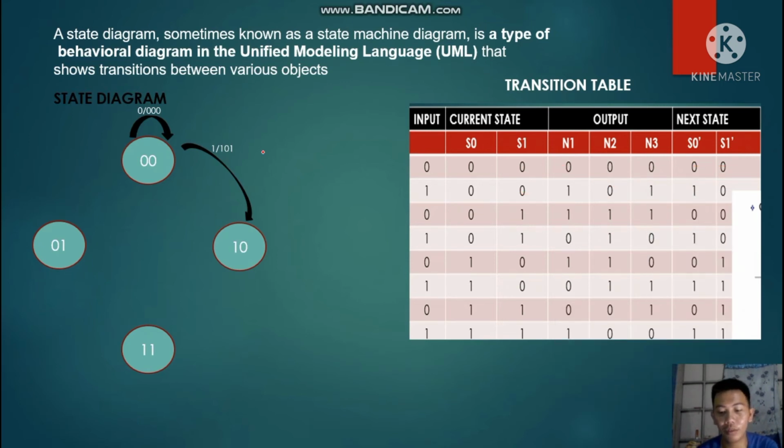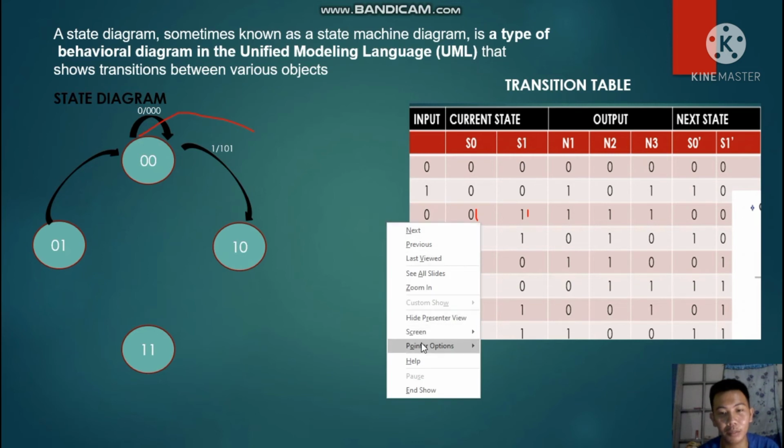So next, we have current state of 0 1 going to the next state 0 0, and we have this input of 0 and output of 1 1 1. So this process is repeated until the last input.